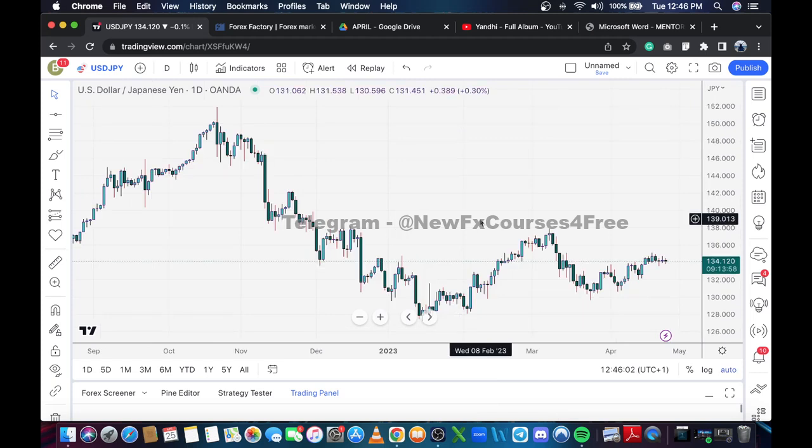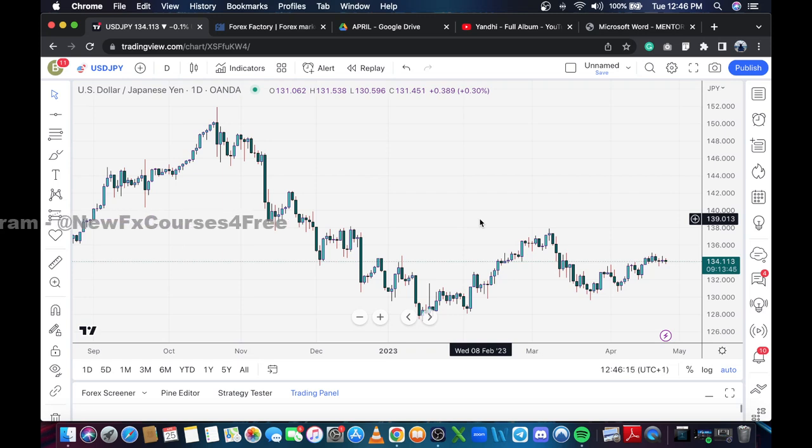Just as an introduction to module 2, we're not dealing with lower time frames. We're not going to deal with anything less than the daily time frame. We're only going to focus on monthly, weekly, and daily time frames, and we're going to work on using these daily levels as a forecast.